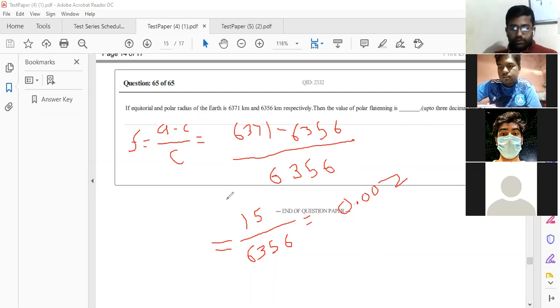Polar flattening up to 3 decimals. Clear? Done?